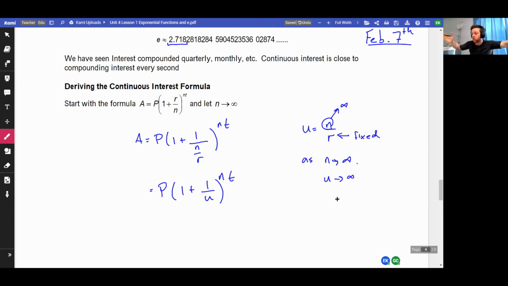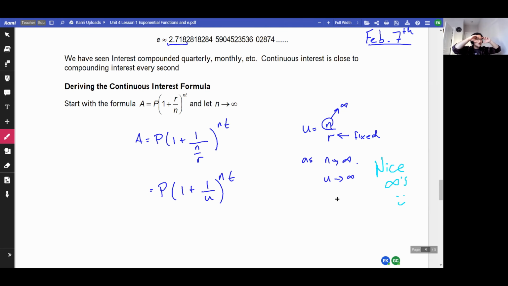So if we can get 1 plus 1 over U to the U, then we can have an E as N goes to infinity. How can I get a U in the numerator? We can take that N and rearrange what our U equation is.